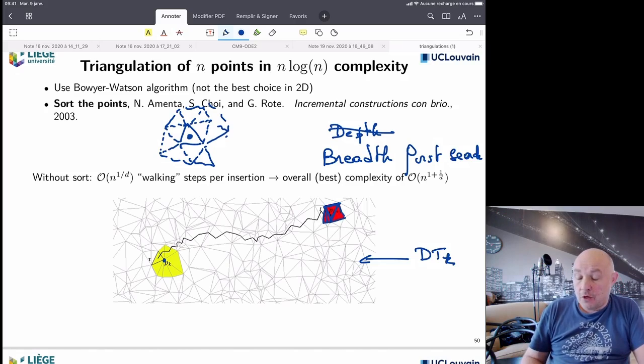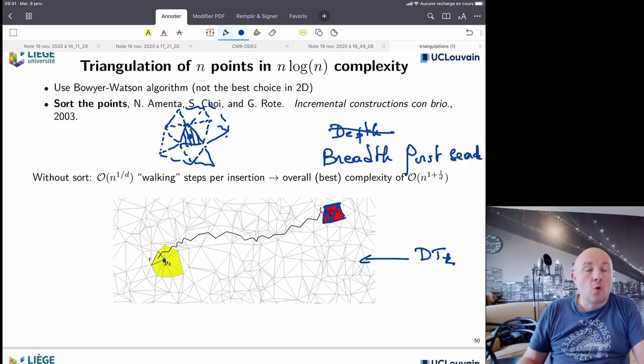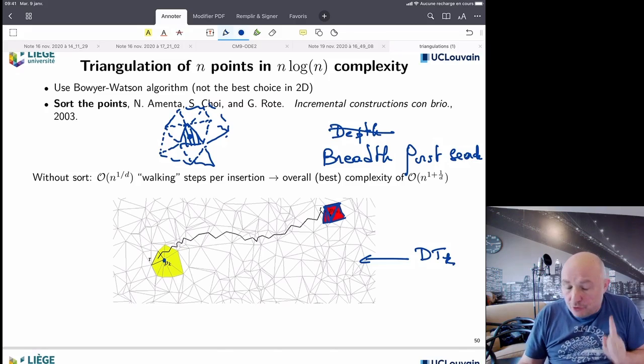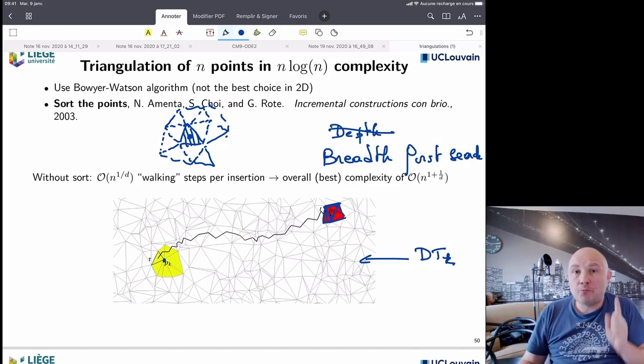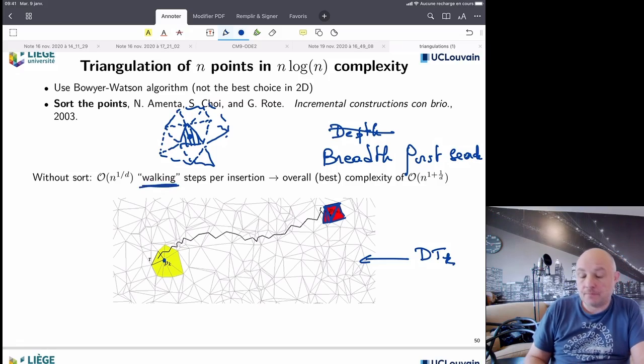that I found. The main problem here is, how can I find the triangle that contains the point? One thing that is clever to do, and that is provably correct, is to walk. So this is what I call walking.